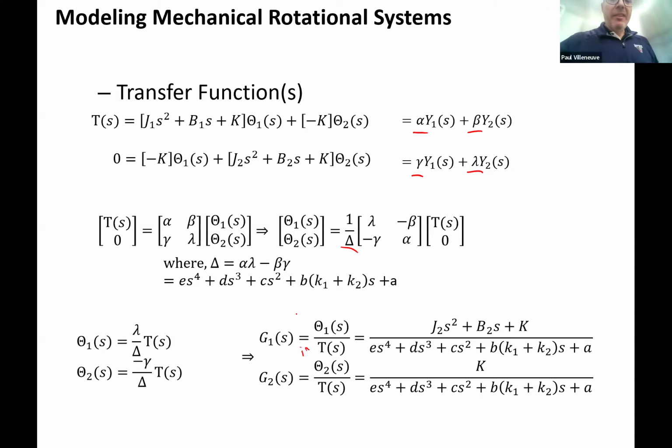This is my output for the first disk, and this is my output for the second disk. Those are my two transfer functions. Questions on how to do those? Everybody afraid to ask a question, or is it making sense? Great.